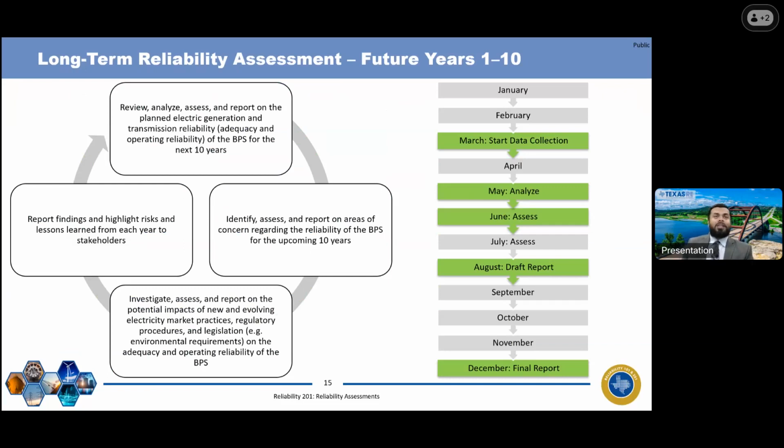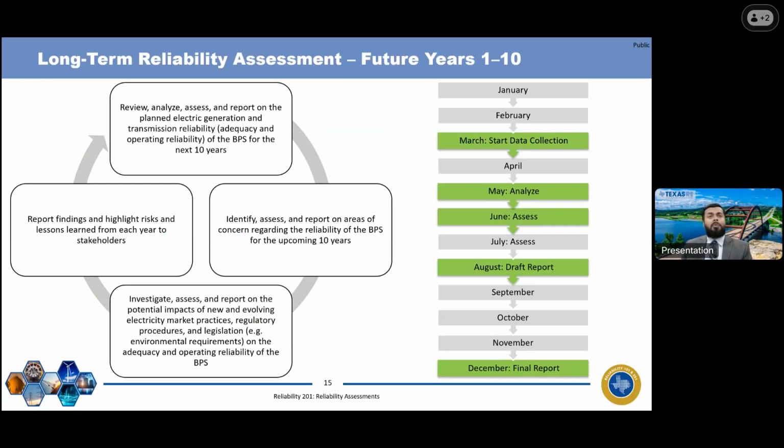We identify, assess, and report on areas of concern. We create dashboards and narratives to highlight these concerns in our report. We investigate, assess, and report on the potential impacts of new and evolving electricity market practices, regulatory procedures, and legislation.